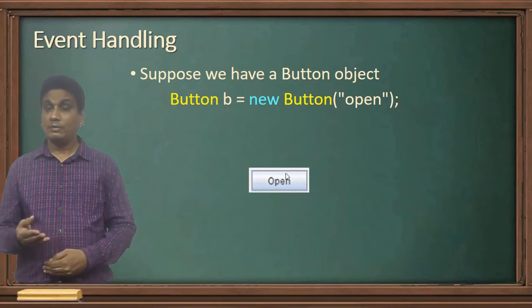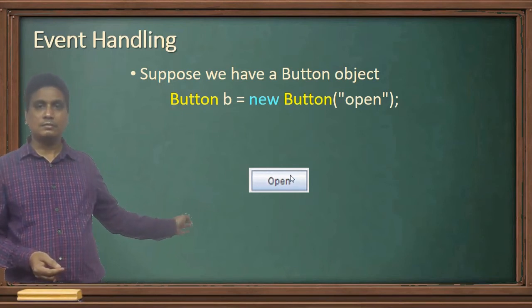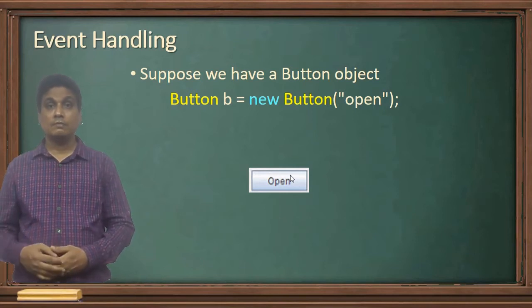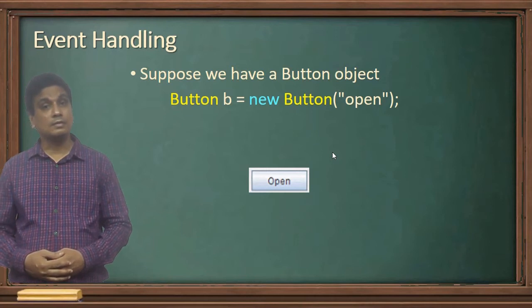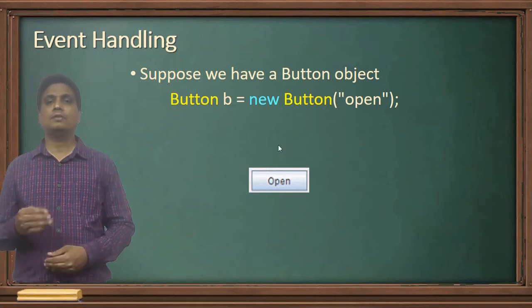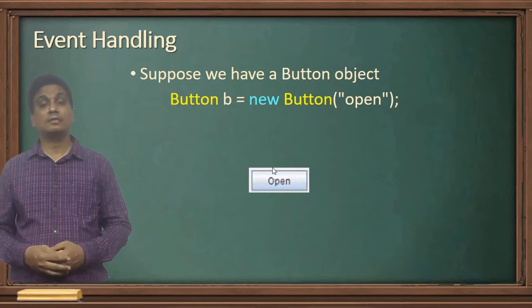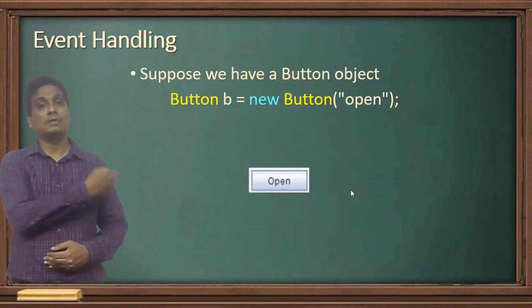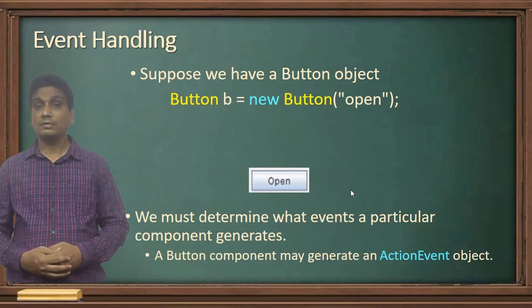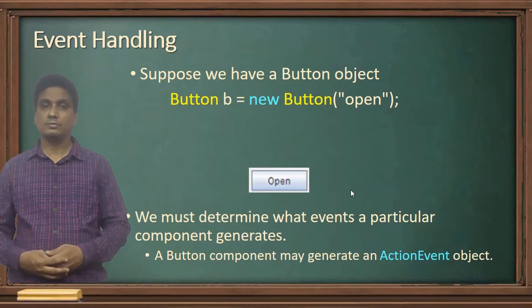Now if I click on this particular button, what action is generated? In other words, what is the event that gets generated when a user clicks on this particular button? This is what our program needs to know.